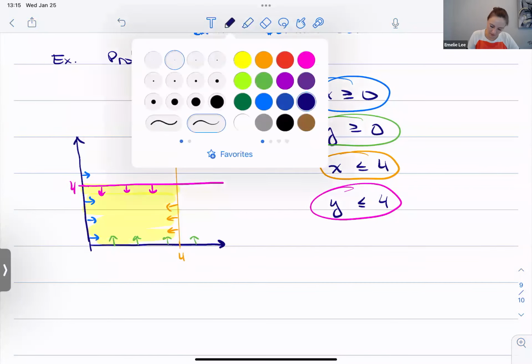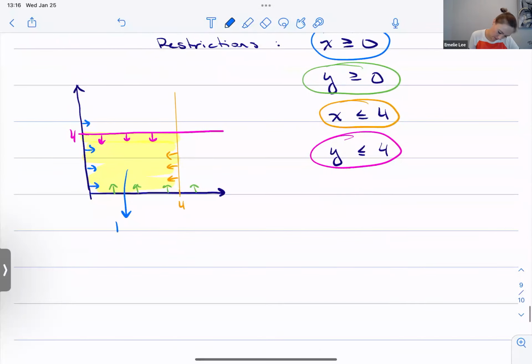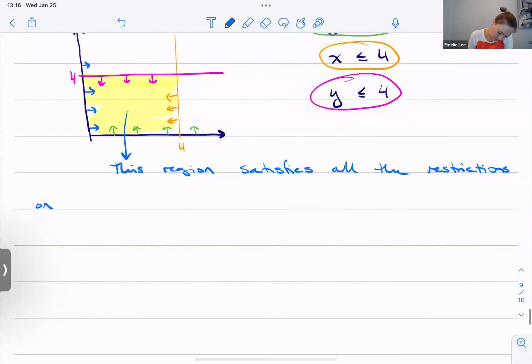This region satisfies all the restrictions on X and Y. So any point in this region can be used to calculate the profit, right?